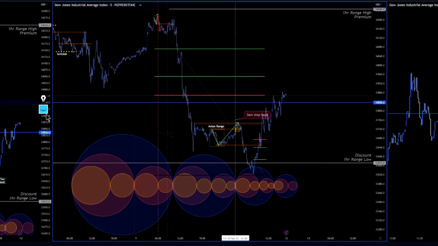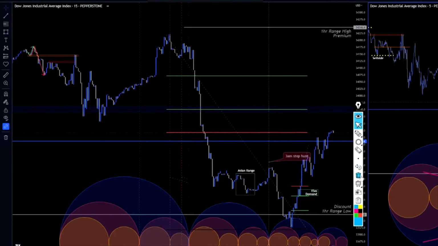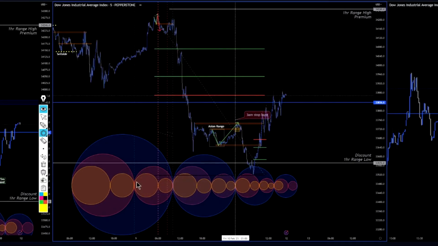Now, when you look at it on this chart, let me destroy that a second. So focusing on the overnight, yesterday's, this circle here is the accumulation phase, and you can see it when it's taking out the buy side liquidity.